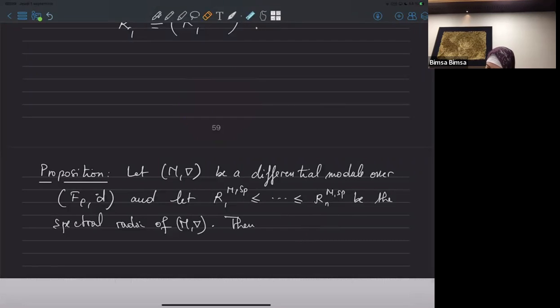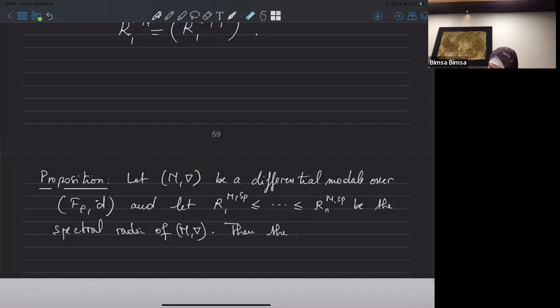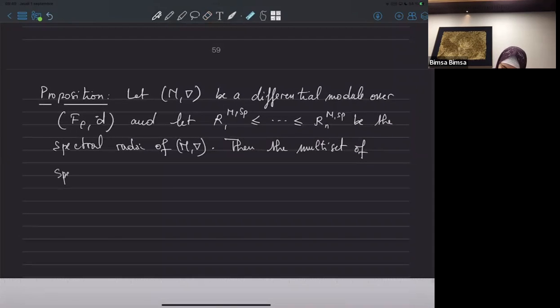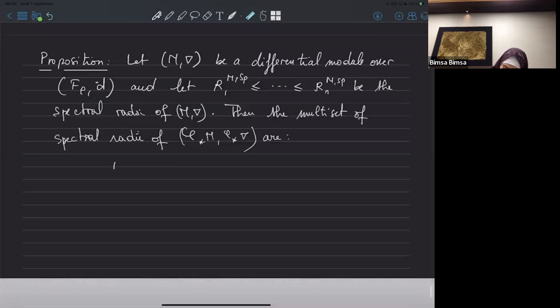Multiset, I will contain them with multiplicity, not lose anyone. Then they are this set.